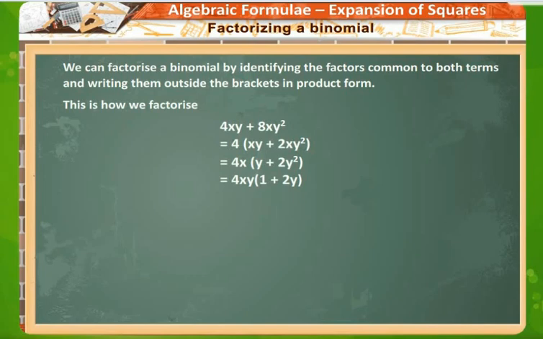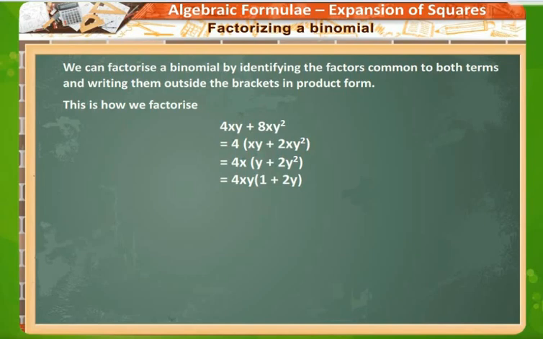Now here 4 is common, so 4 is removed out. xy plus 2xy square. Not only 4, x is also common. So 4x into y plus 2y square. Now in the bracket we also have y common, so it is going to become 4xy into 1 plus 2y. Slowly, step by step, we are going to remove the common factors.